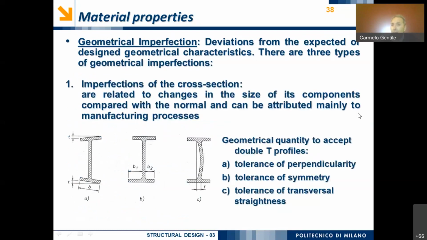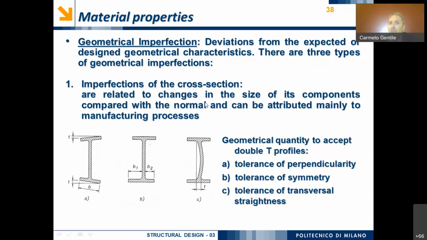Okay, but we have also to consider that since the material is forged or rolled when red hot, also in the industrial production there is the possibility of having some geometrical imperfection, so some deviation from the expected or designed geometrical characteristics. And basically there are three types of geometrical imperfection.